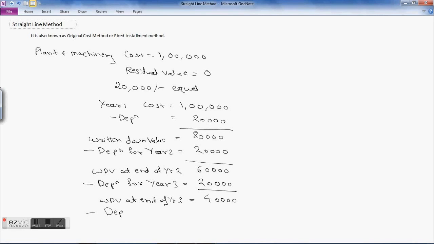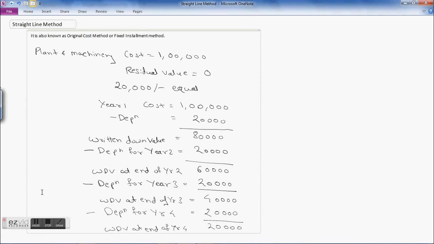Less depreciation for year 4, so it's 20,000. Now WDV at the end of year 4 is 20,000.